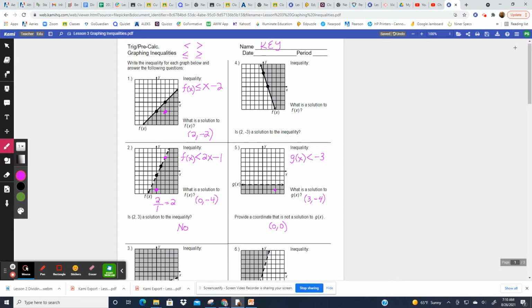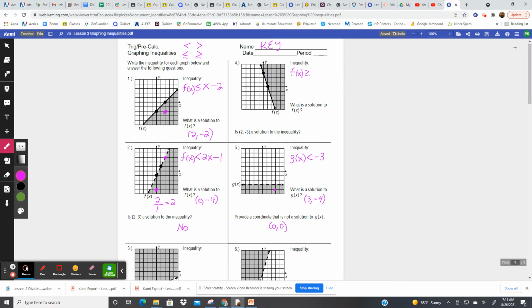Now if we were doing number 4, if I'm standing on the line, I would be moving up to get to the shaded region. Up, so that is a greater than. It's a solid line, so this one, I'm just going to start it for you guys, is greater than or equal to. Then you could do the mx plus b. Don't forget your m.